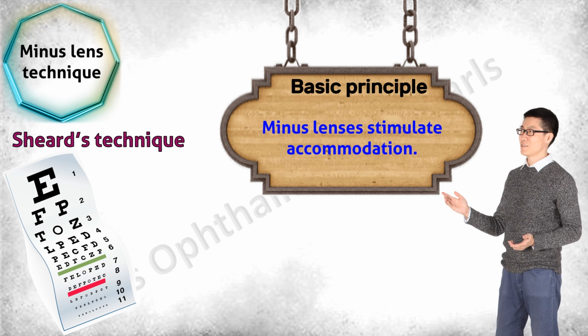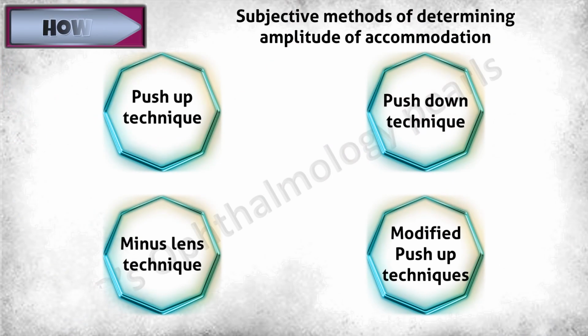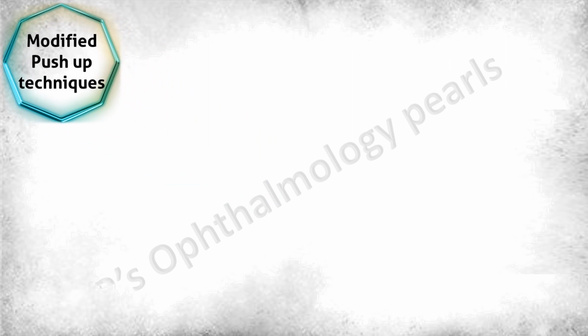Accommodative amplitude is determined by the strongest power negative lens through which the smallest legible Snellen line can still be read clearly. This technique is best performed using a phoropter and so is not performed binocularly, since excessive accommodative convergence can disrupt binocularity. The modified techniques have been described to make the results more relevant.